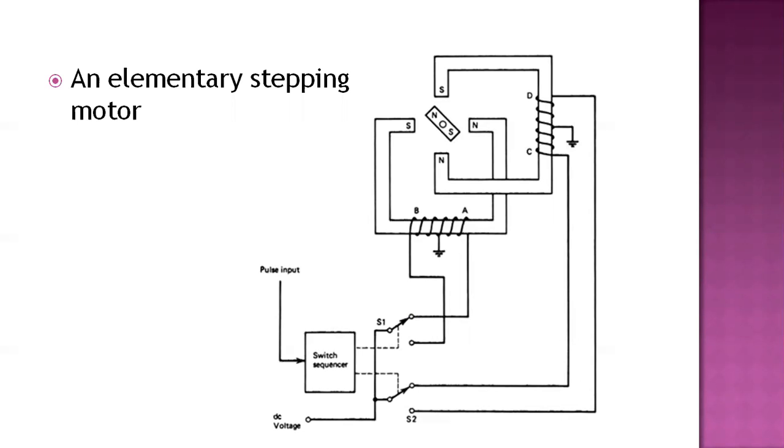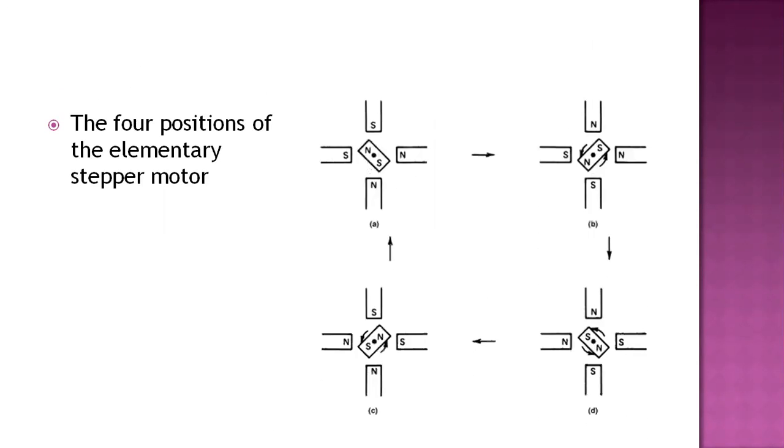Here the switches are typically solid state switches, and devices such as transistors, SCRs, or triacs can be used. The switch sequencer will direct the switches through a sequence of positions as the pulses are received. The four positions of the elementary stepper motor are shown here.